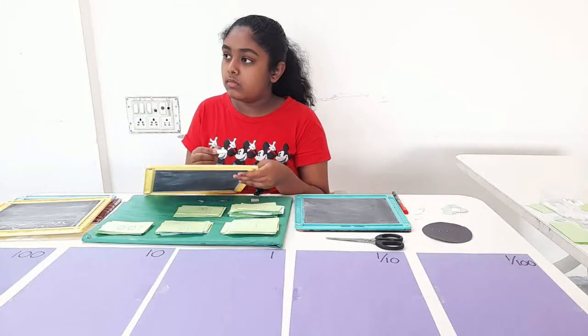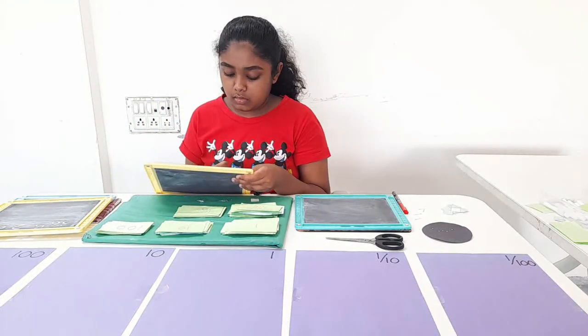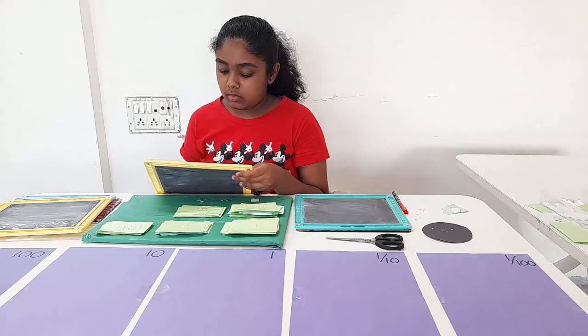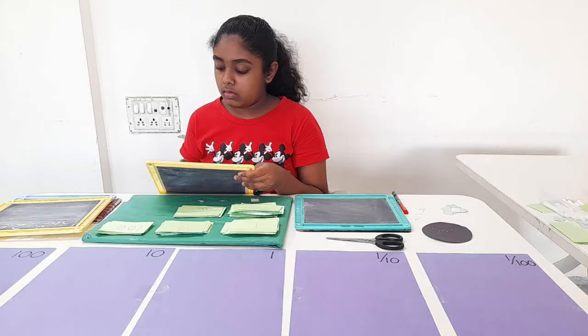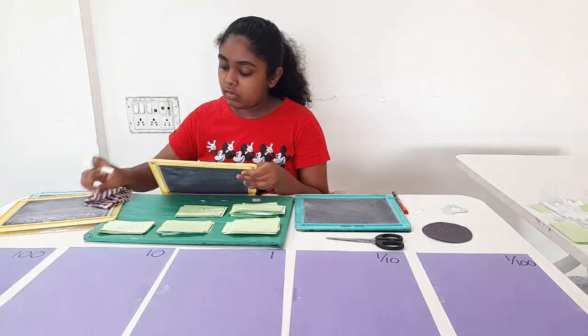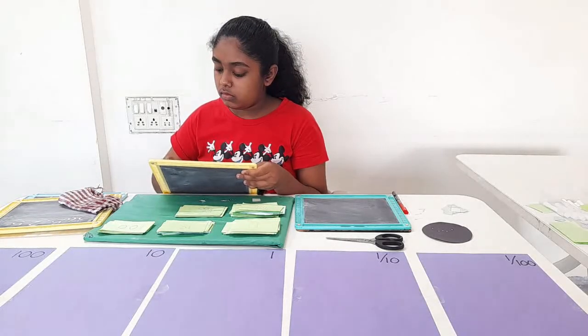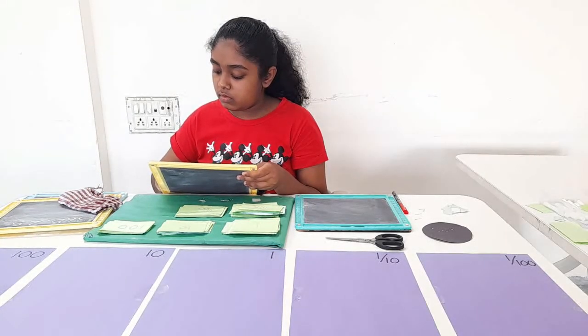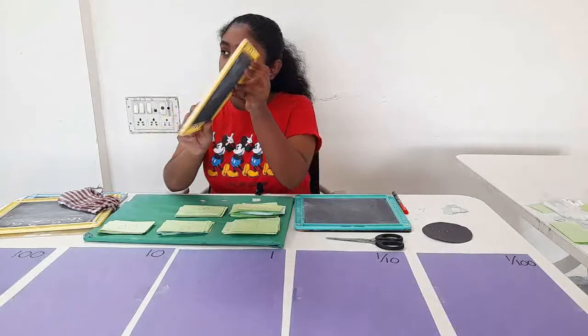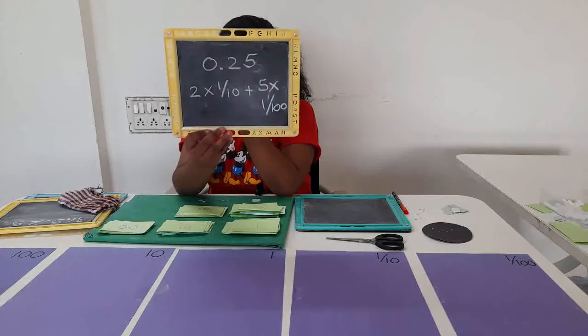That is 2 into... let's see what you wrote. 2 into 1 by 10 plus 5 into 1 by 100.